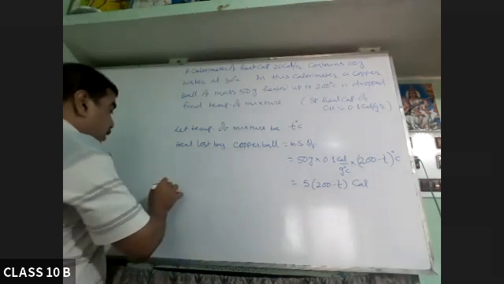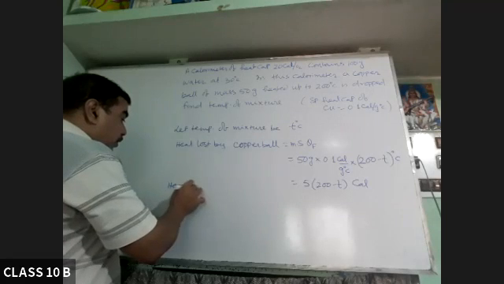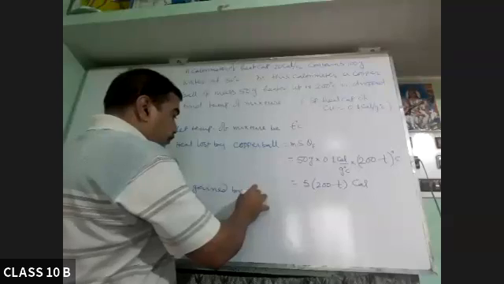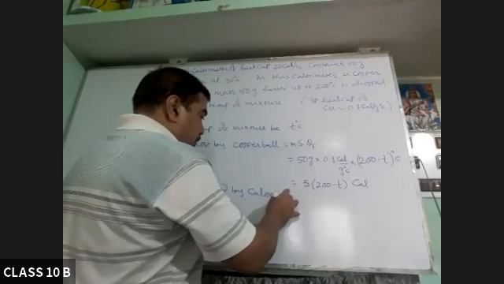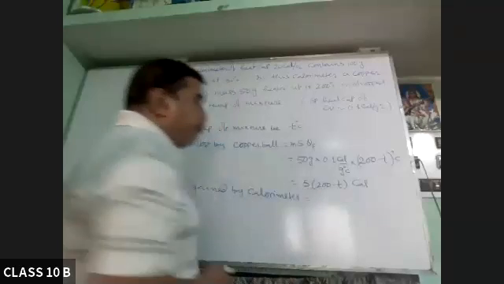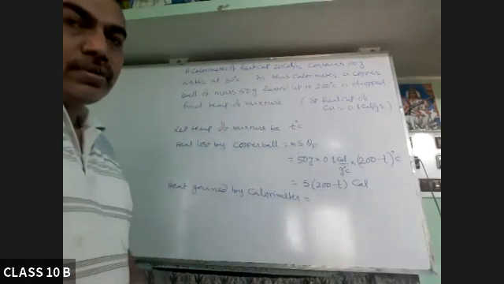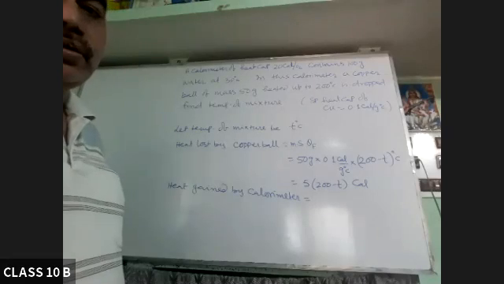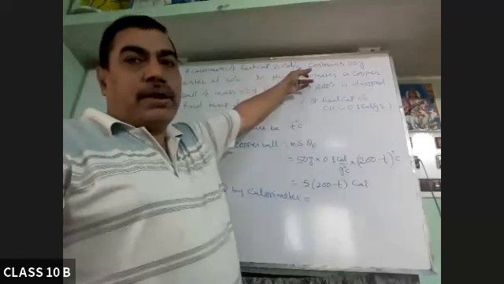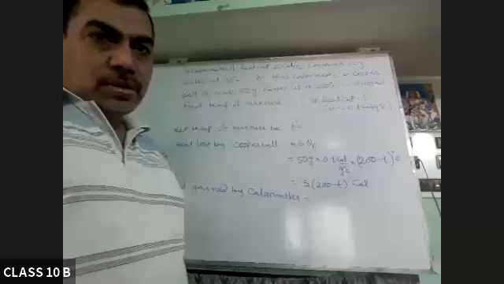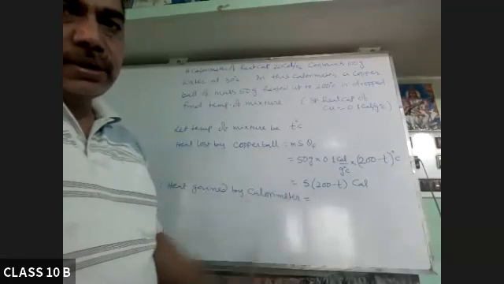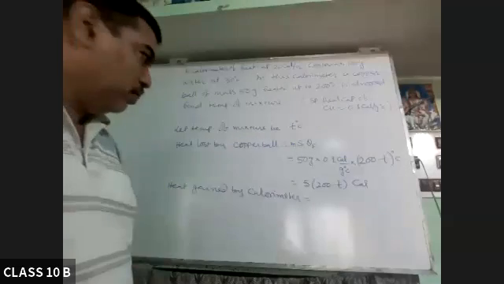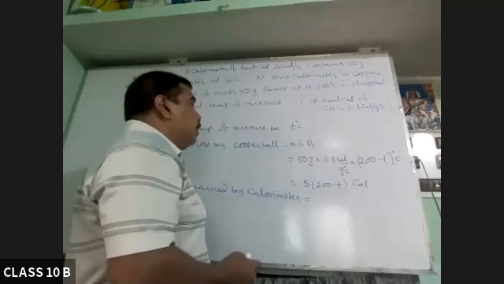Now we'll find the heat gained by the calorimeter. In the case of the calorimeter, you are given the heat capacity, not the mass. If mass is given, then m s delta theta. If heat capacity is given, then C into delta theta.